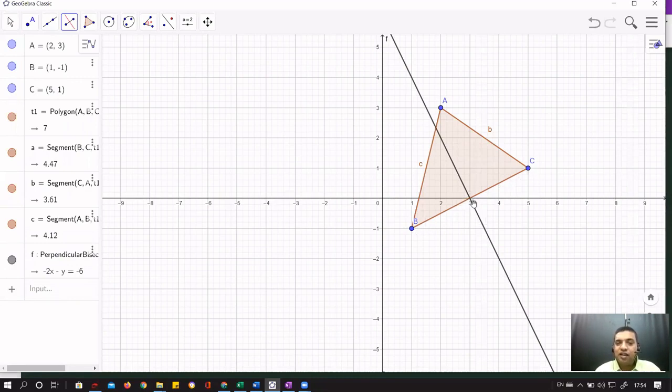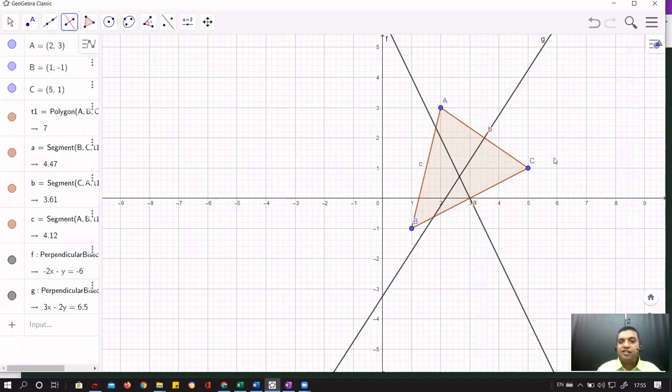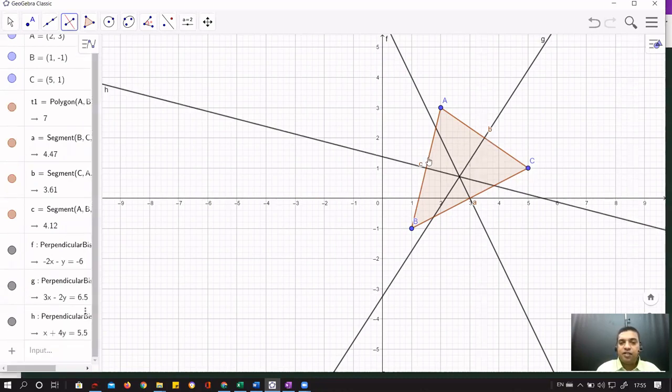That means it cuts BC in equal halves and it is perpendicular. This is the perpendicular bisector of AC. This line divides AC into 2 equal parts, and it is perpendicular to AC. And I'll draw the perpendicular bisector for AB.